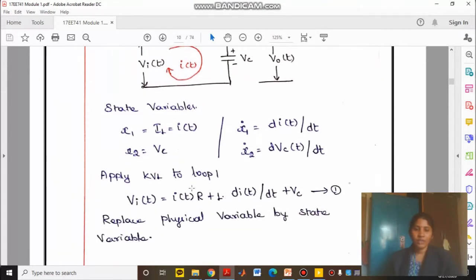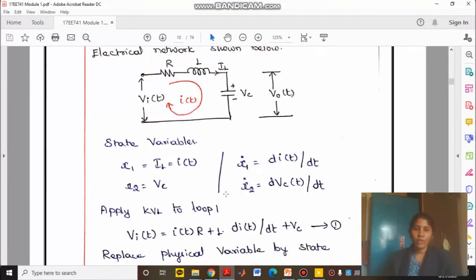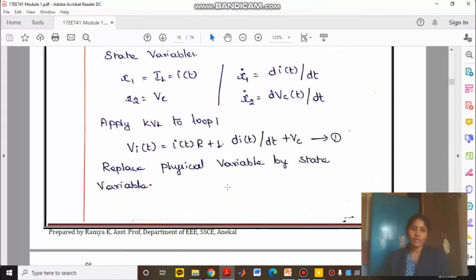After writing the equation, you have to replace all your physical variables by your state variables. Which are physical variables and which are state variables? The variables represented with x are your state variables, and the other variables taken from the network are your physical variables. In this equation, whatever is available is in physical variables.